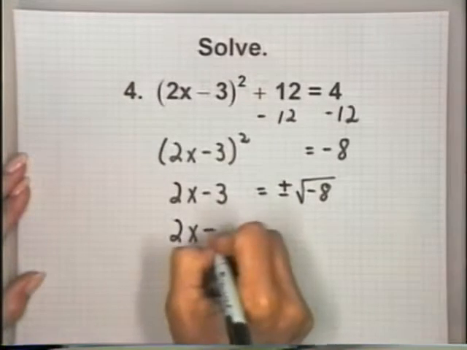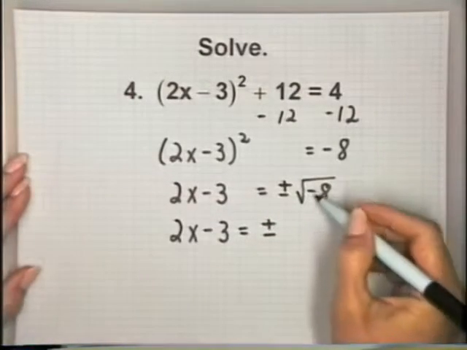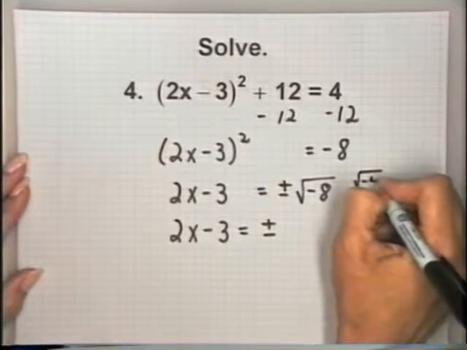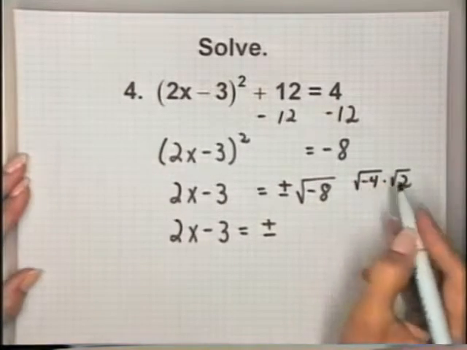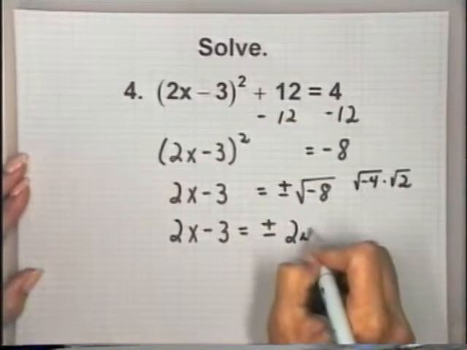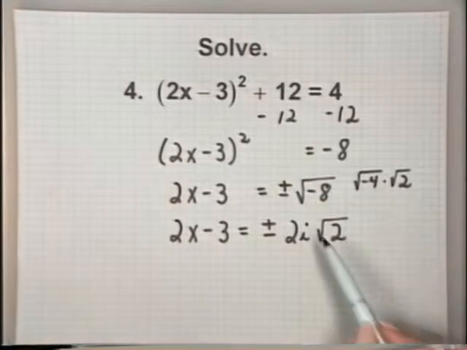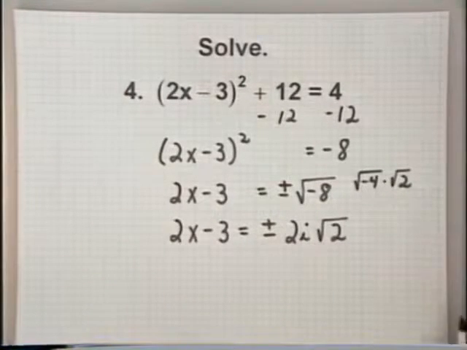I'll have 2x minus 3 equals plus or minus. I'll think of this square root of negative 8 as the square root of negative 4 times the square root of 2. The square root of negative 4 is 2i. And then I'll have my square root of 2. Remember, this means 2 times i times the square root of 2.